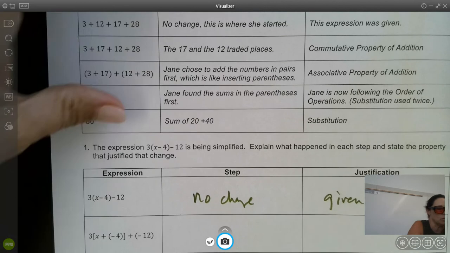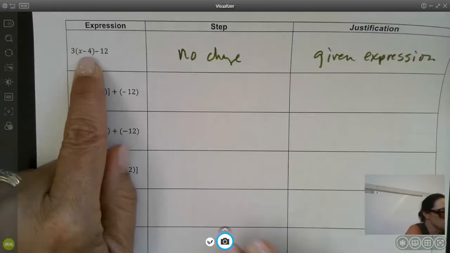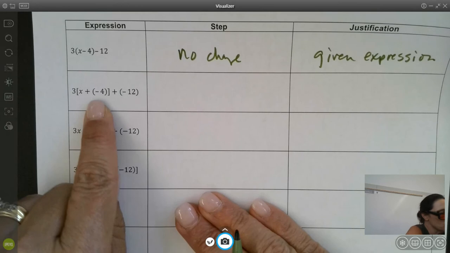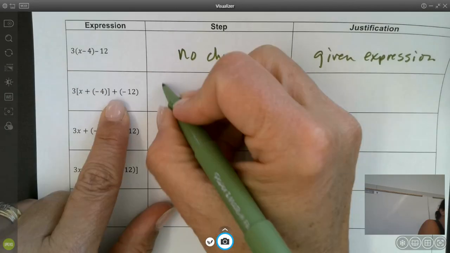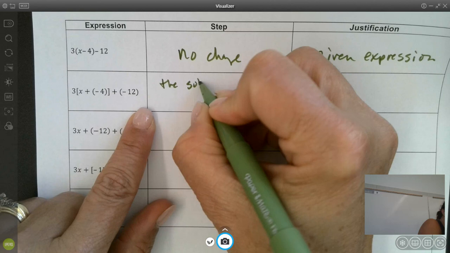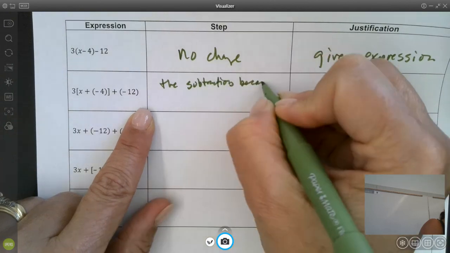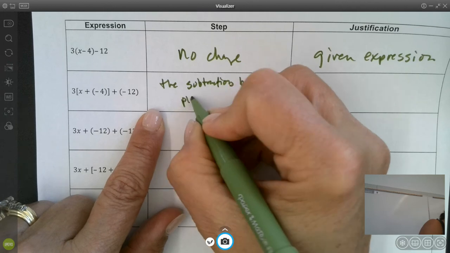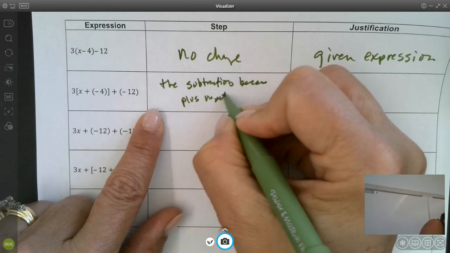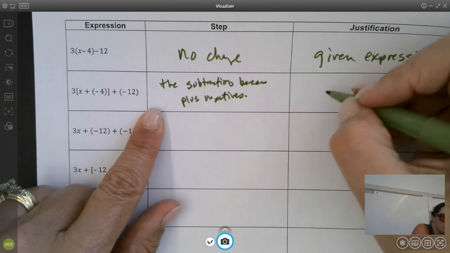Now what's happening from here to here is notice these minus signs became plus negative. The subtractions became plus negatives. That is called the definition of subtraction.